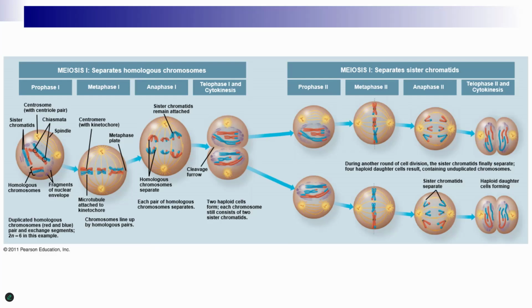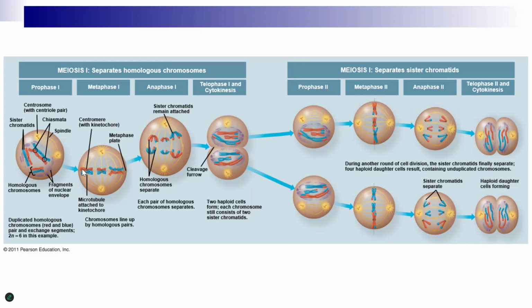So if we look here in this diagram, in prophase 1, that is where your homologous chromosomes will pair up, and that's also where crossing over can take place as well. And then they're going to line up in metaphase 1, and they're going to line up independently from each other. And we'll talk more about this when we talk about heredity, but we've got a pair of red and blue chromosomes.